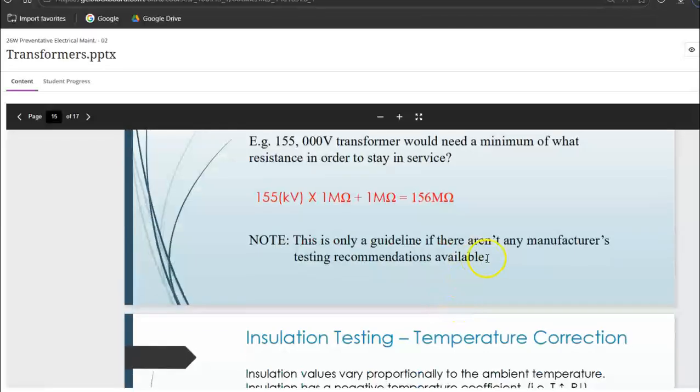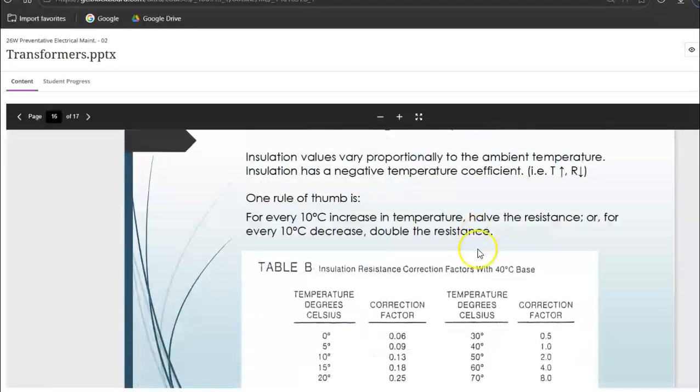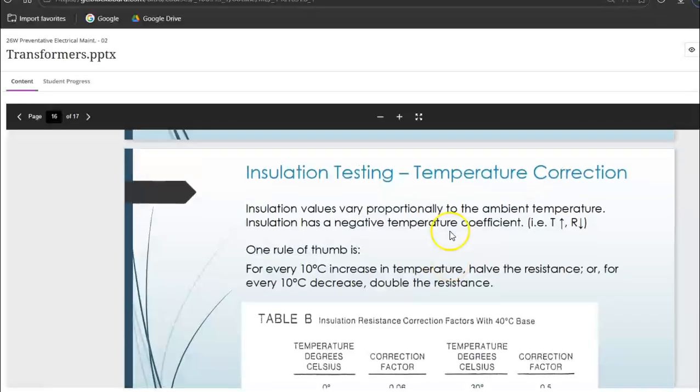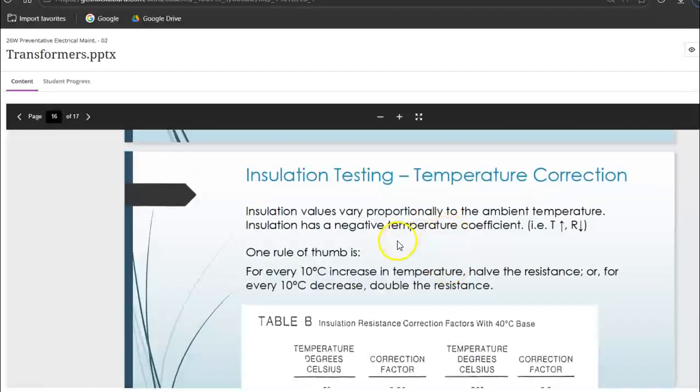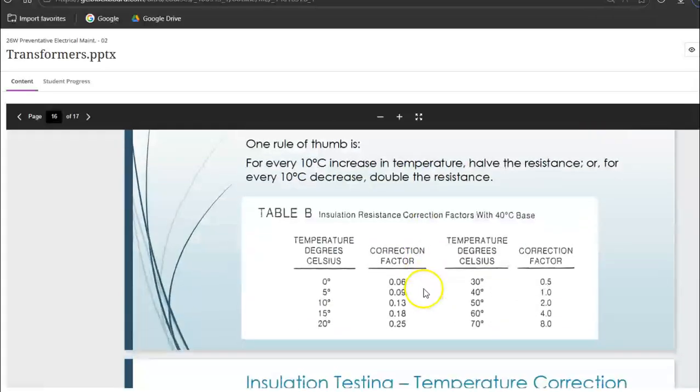This is only a guideline and is the absolute minimum, and it should be temperature corrected. So for every 10 degrees of increase, the resistance drops by half, or for every 10 degrees decrease, you can double it. So the correction factor is to 40. At 40, the correction factor is 1. If you measure something at 10 degrees Celsius, the resistance is going to appear a lot higher.